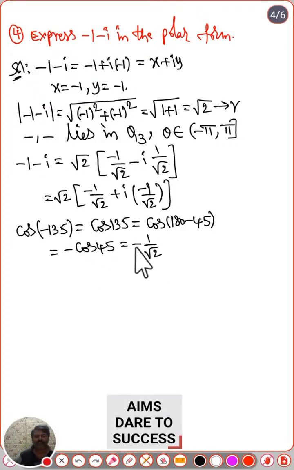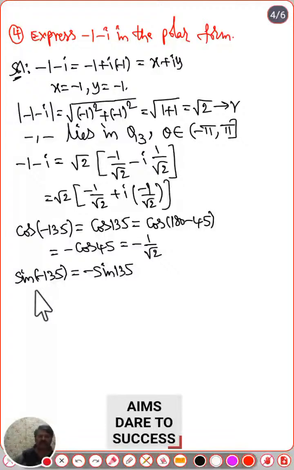Matching. Next, same way, sin of minus 135. Sin of minus theta is minus sin theta, so sin of minus 135 is minus sin 135. Sin 135 is sin of 180 minus 45.